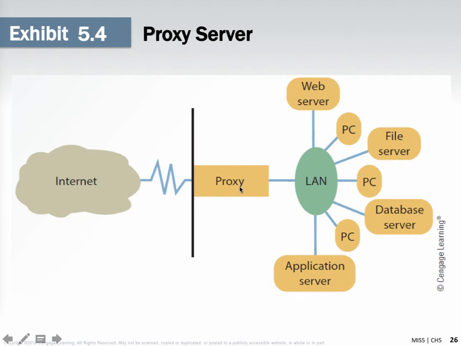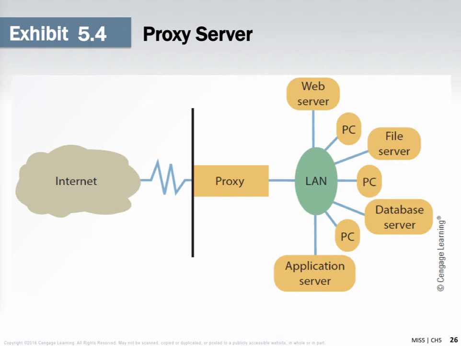The only thing that the internet can see is this proxy server. And this does a good job because if someone is trying to compromise the system, they will only be able to compromise the proxy server and not compromise our different servers that we have back here behind this proxy wall, okay? And we'll see proxy again when we look at VPNs.